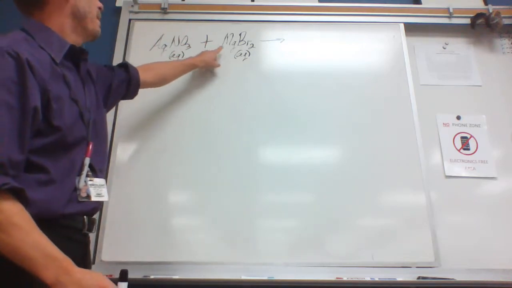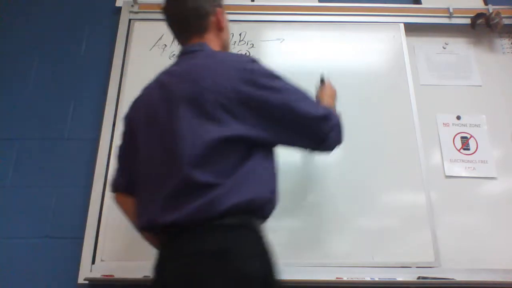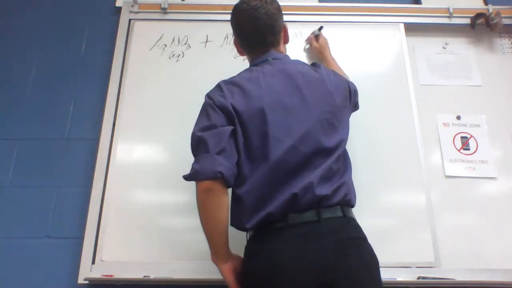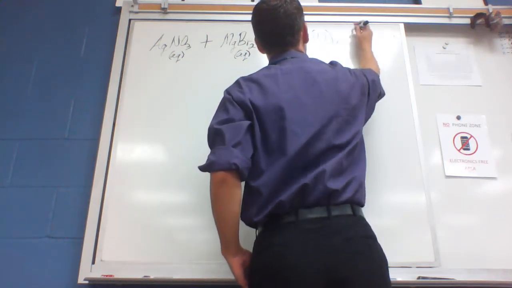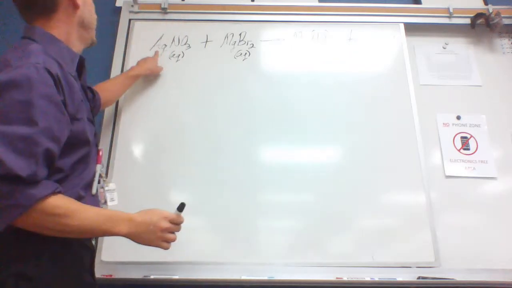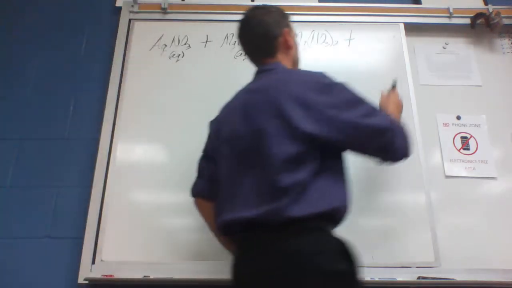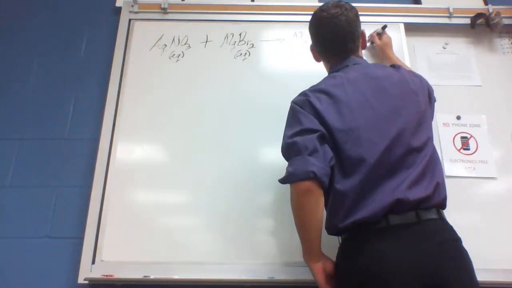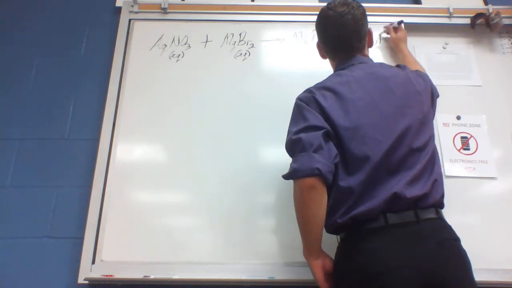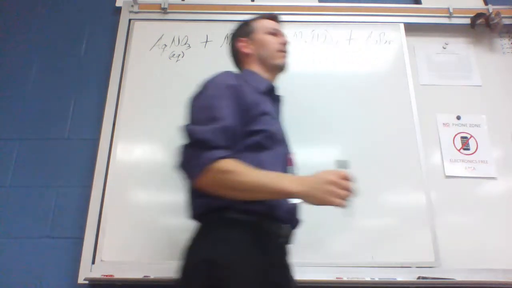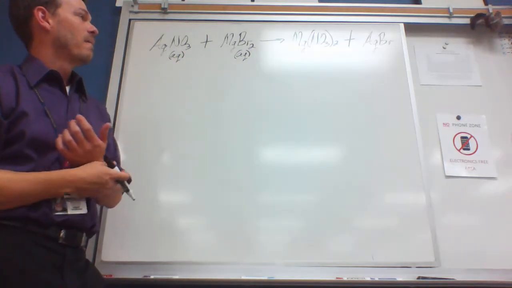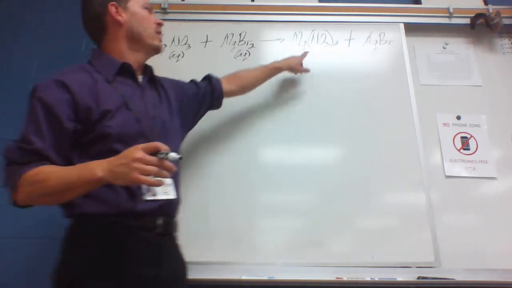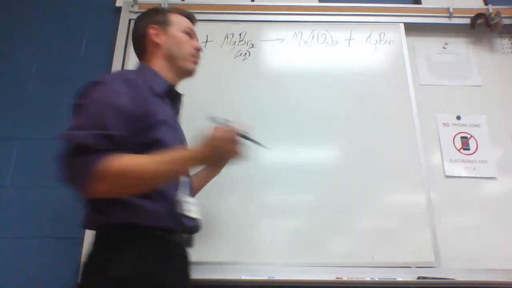Ion swap, magnesium is going to marry nitrate. Silver is going to marry bromine. Little wife swap. Elements are crazy, y'all. All nitrates are soluble.